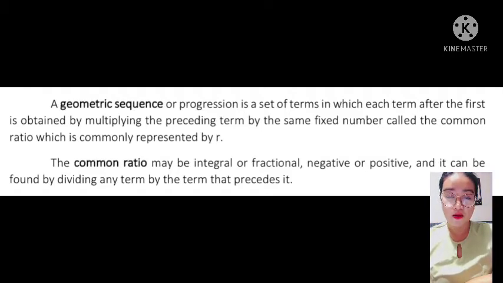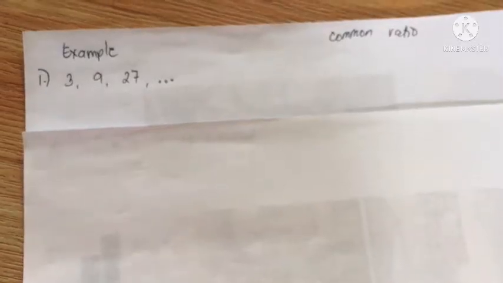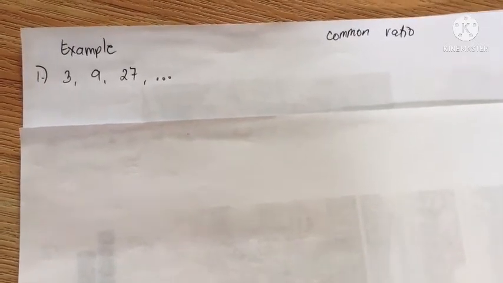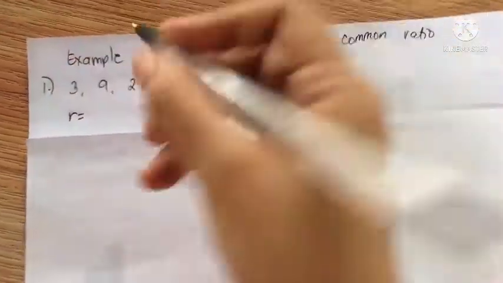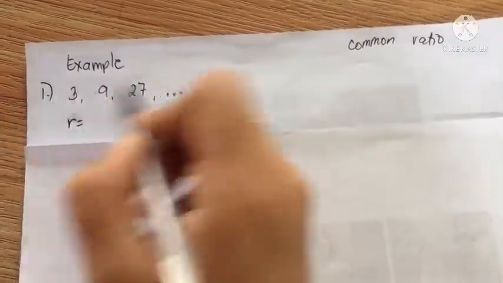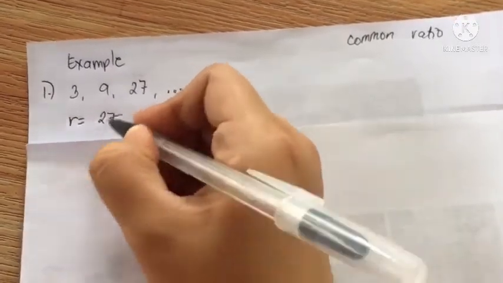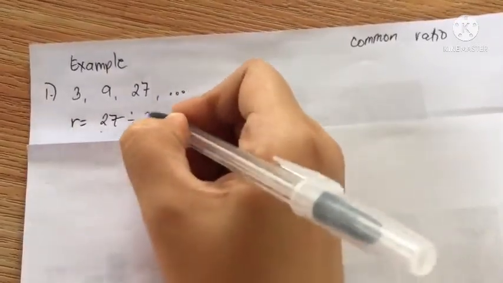All right? So let's have an example and find the common ratio. So, paano kukunin ang common ratio natin? To get the common ratio, ang gagawin natin, pabaligtad tayo mag-divide. Mauna tayo sa dulo, magiging 27 divided by 9.